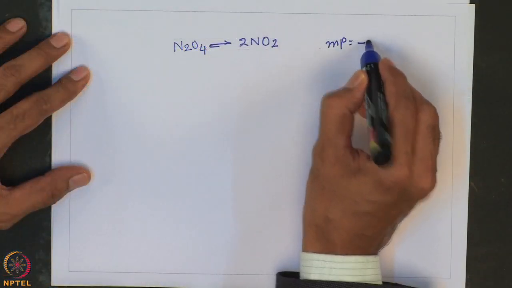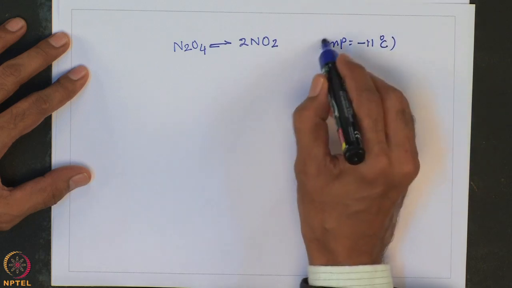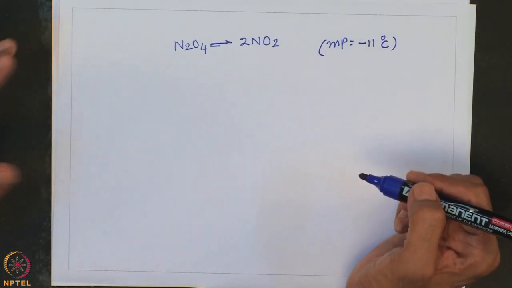Of course, melting point is minus 11 degrees centigrade. Okay. And dissociation of this dimer gives brown NO2 radicals. Solid N2O4 melts to give yellow liquid, the color arising from the presence of a little bit of NO2 in it.